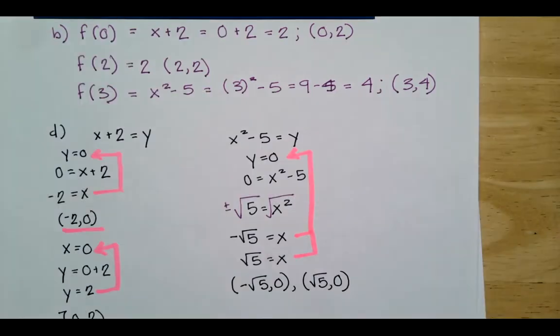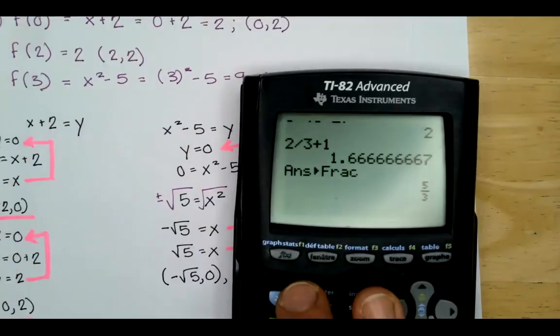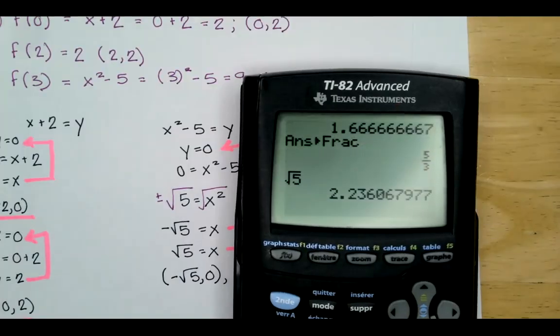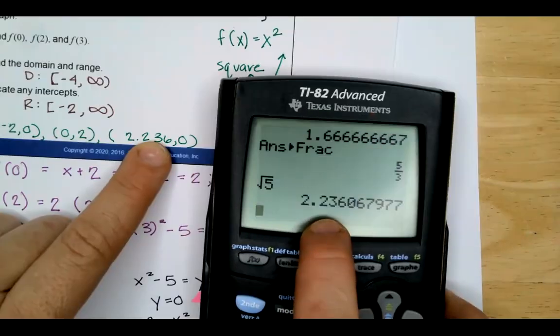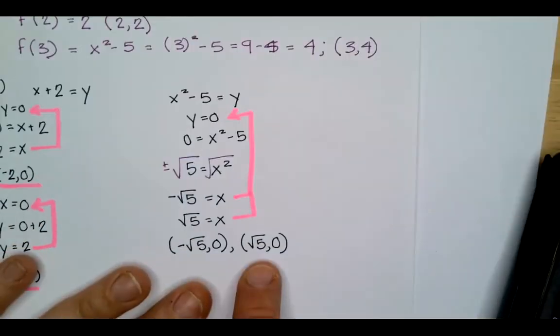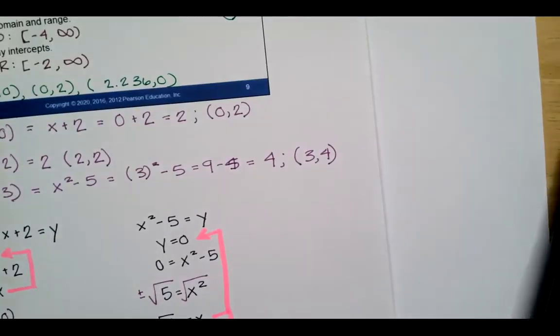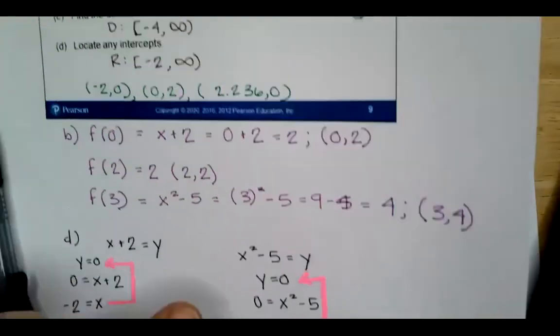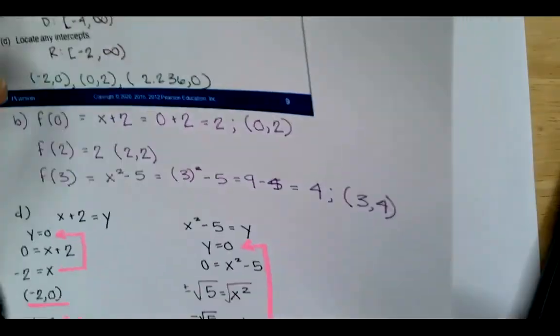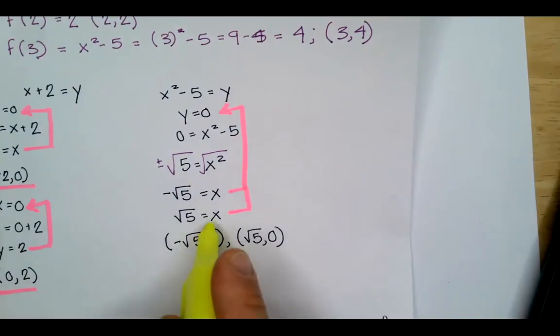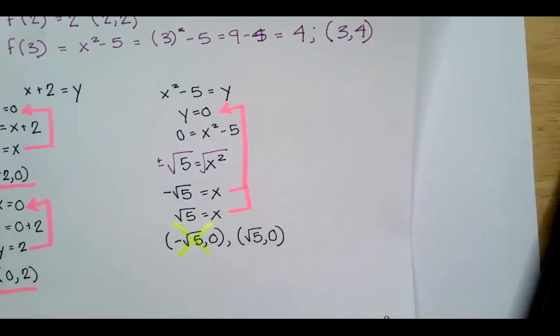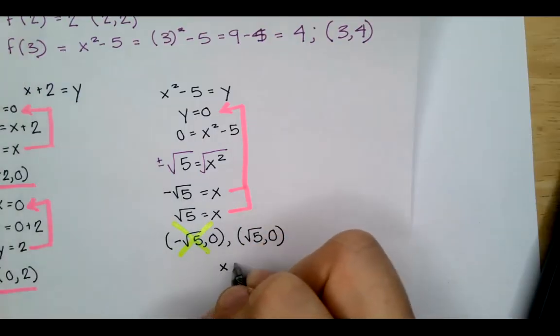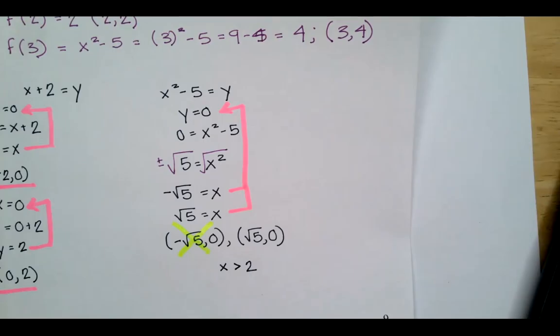However, we have to exclude this one. That is the right answer, right? That was the answer we found in Desmos. And negative square root of 5 is less than 2, and x has to be bigger than 2. So we have to eliminate that one because we can only use numbers where x is greater than 2. So we're only going to count this one.